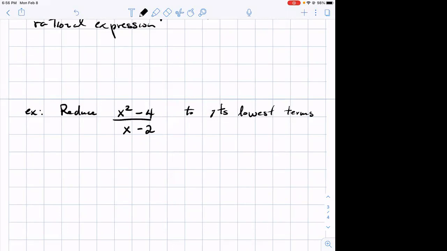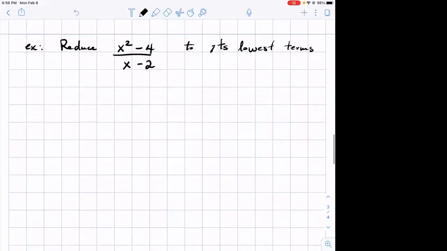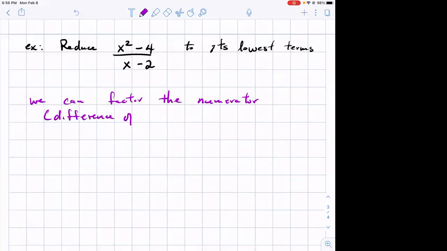Now, one of the things we must do whenever we're reducing is always try to simplify or factor the numerator and denominator. You will see we can factor the numerator because it is a difference of squares.